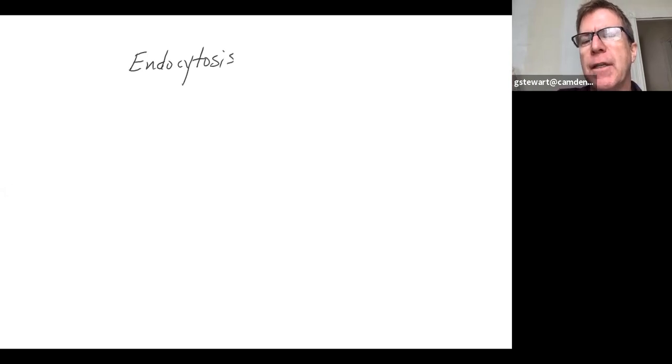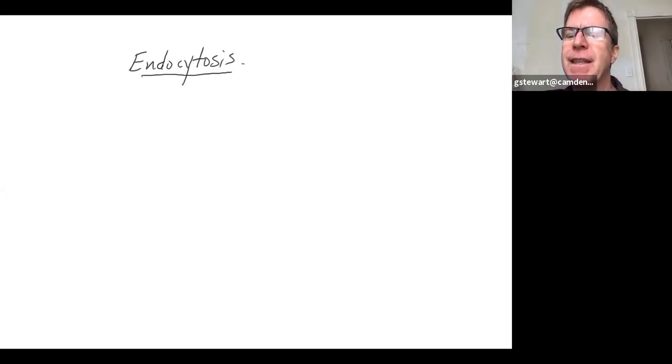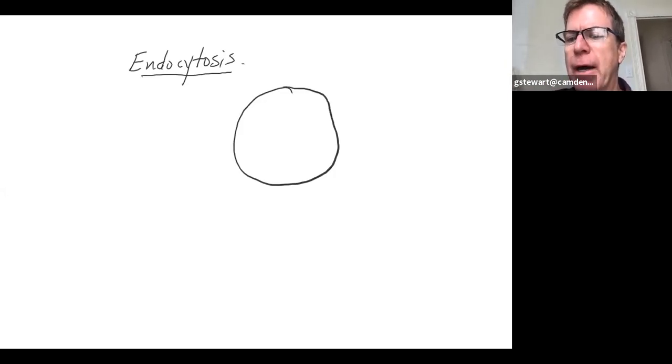This word, endocytosis, just means the taking in of material at the plasma membrane by a vesicle. So, all right, what does all that mean? If this is a cell in the human body, and let's just say this is a bacteria that's gotten into our system, some of our cells have the ability to endocytose things.